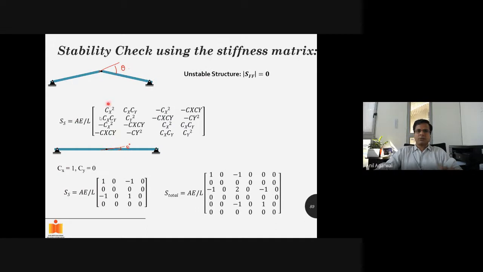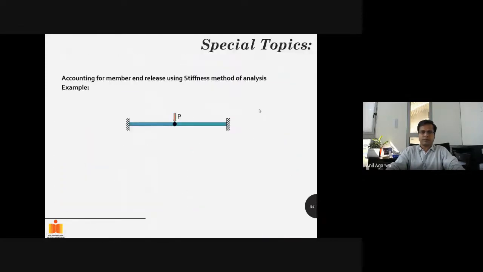If it is a plane truss member, you remember the stiffness matrix in the global coordinate system we had developed already, right? In the local coordinate system, the stiffness matrix was 1 0 minus 1 0, 0 0 0 0, minus 1 0 1 0 and so on.